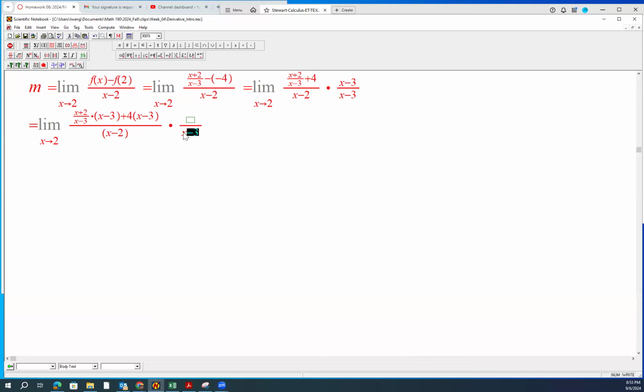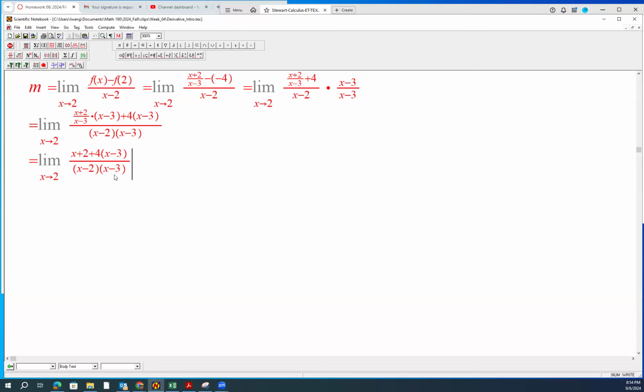And x minus 3 will also be multiplying x minus 2. When we do algebra, we must be very patient with ourselves. Now, this piece, x minus 3 canceled, or reduced, we get x minus 2 left.